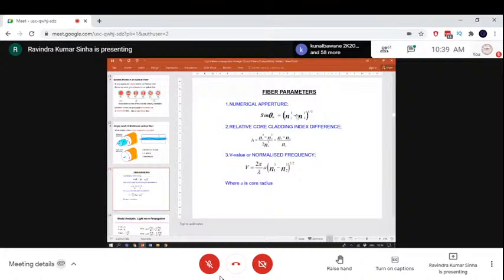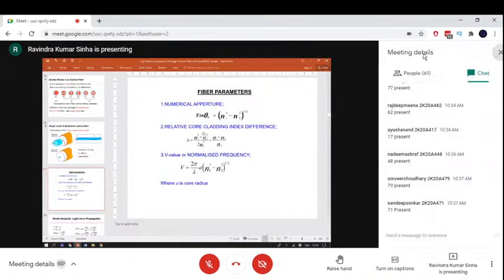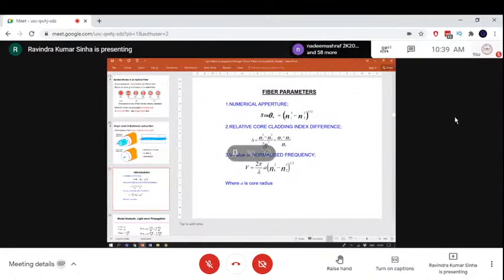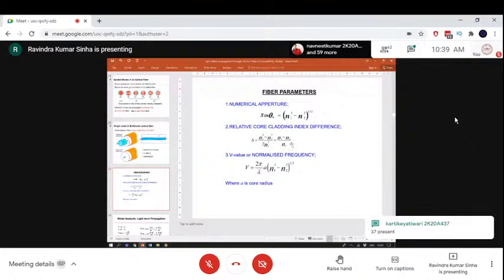Another parameter which is more important for you to study is the relative core cladding index difference. This we have already done, like numerical aperture. What is the relative core cladding index difference? That is N1 squared minus N2 squared divided by 2N1 squared. And that will be roughly equal to, not exactly equal to, N1 minus N2 divided by N1. Because we can write N1 squared minus N2 squared as N1 minus N2 into N1 plus N2, and the denominator 2N1 squared as well.